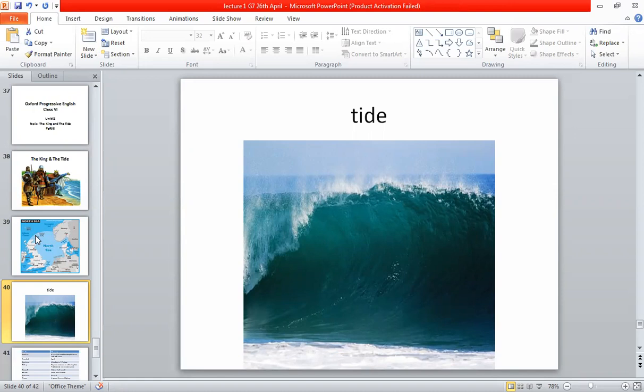Okay. The courtiers stood and watched. Now they were watching how the tide obeys the king, waiting to see the water stop coming in. They were waiting, and they were thinking that the water would stop coming in. They expected to see the waves go back. These little waves will go back.